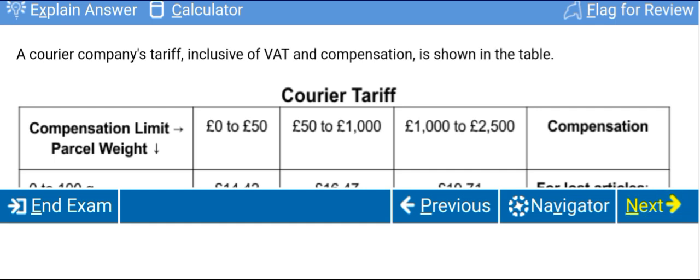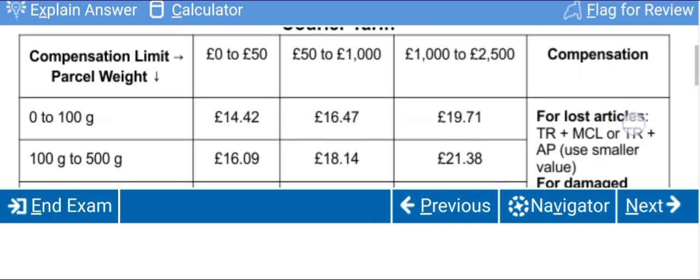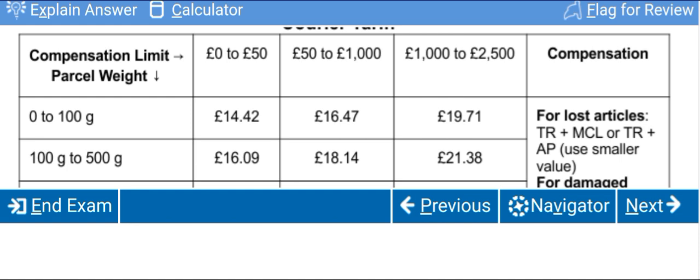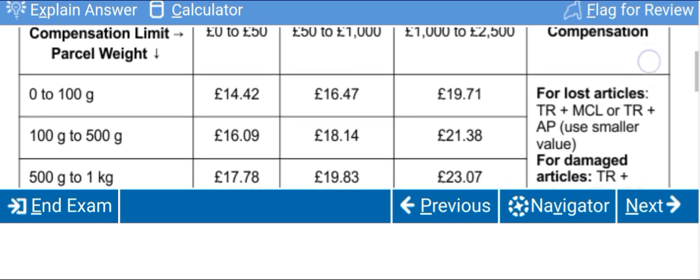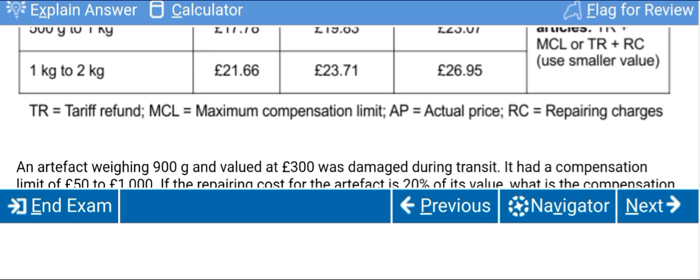Next, a courier company's tariff inclusive of VAT and compensation is shown in the table. So here we have courier tariff, compensation limit, then parcel weight. TR is tariff refund, MCL is maximum compensation limit, AP is actual price, RC is repairing charges.